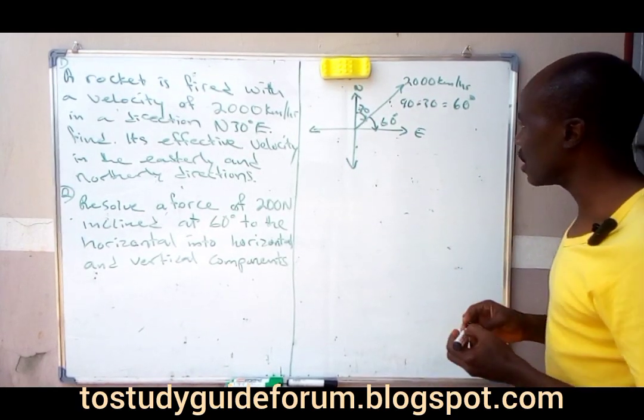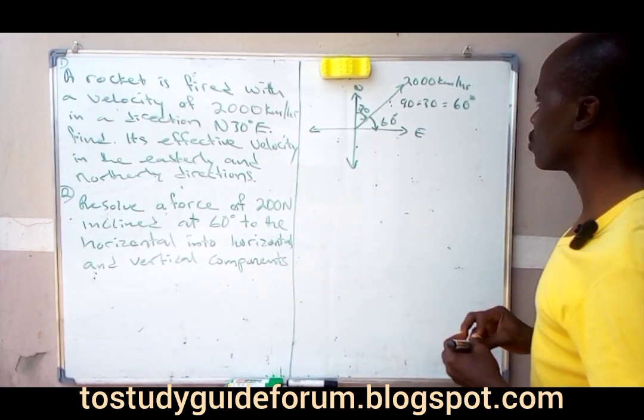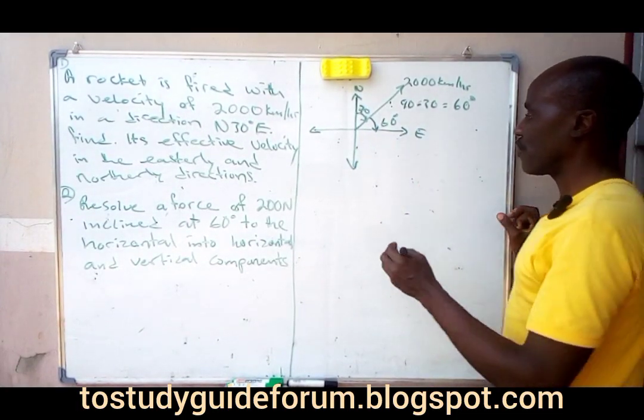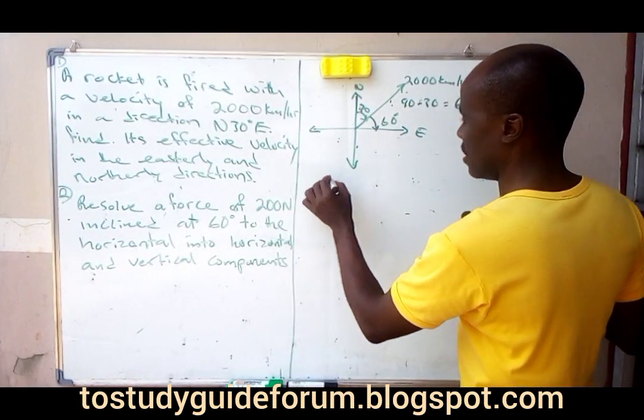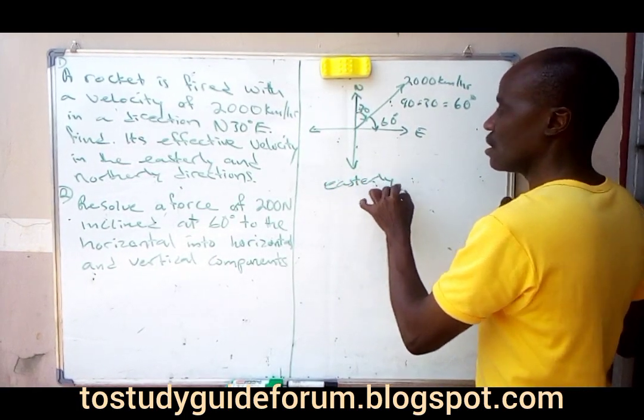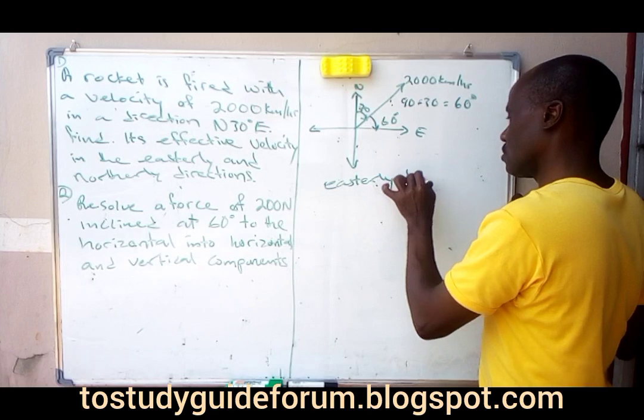If 60 degrees is here, we are going to resolve the horizontal component of this velocity, which is the easterly direction.